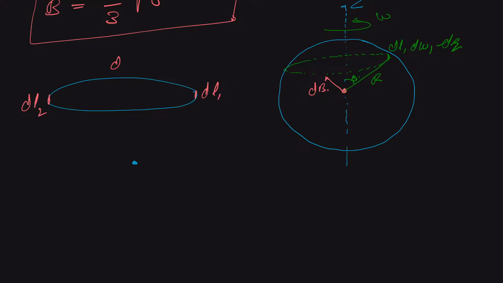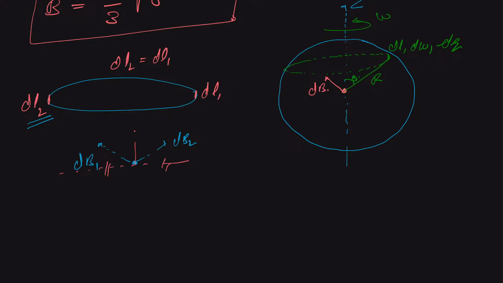And for the sake of simplicity, we can say this dl2 is equal to dl1. Therefore, the magnetic field because of dl1 will be somewhere in this direction. Let us suppose this is our db1, and because of this dl2, it will be in this direction, that is our db2. And we can easily divide this into components.